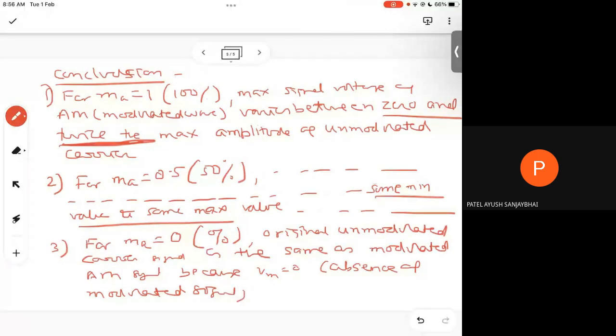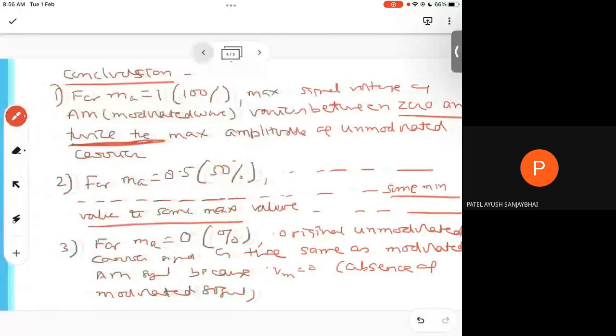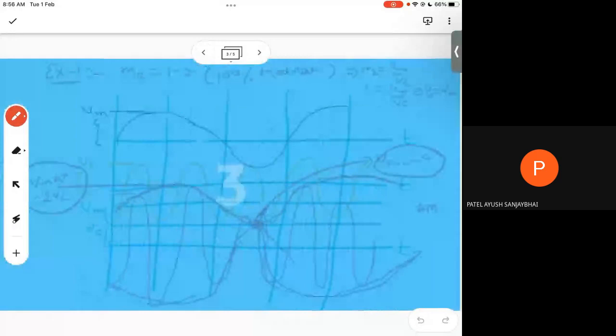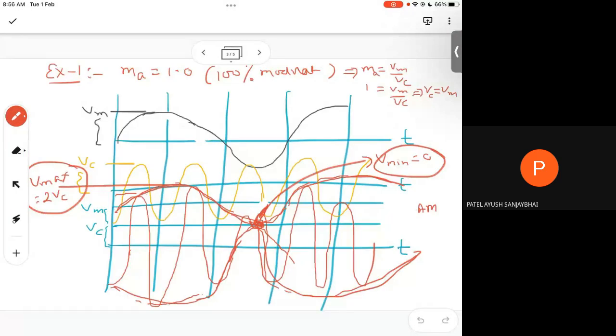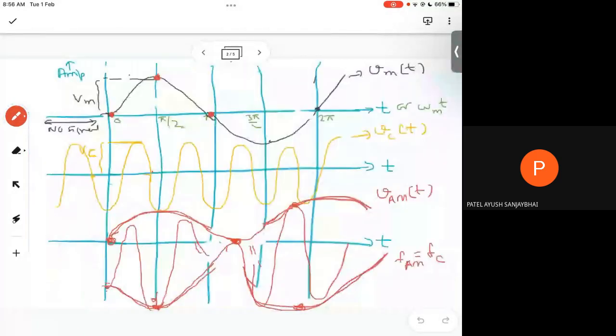Again, how can we understand this? If I see this example, now here, if you see, there was no signal. In this range, there is no signal. There is only the carrier. So my waveform will remain just like the carrier itself.